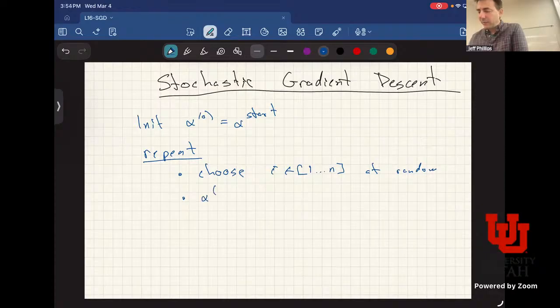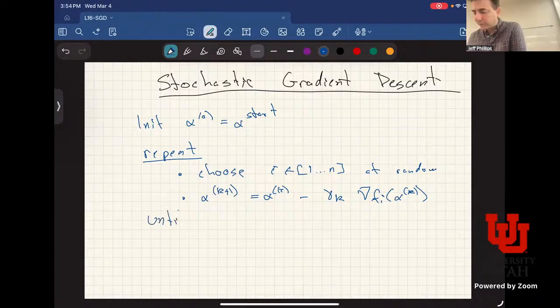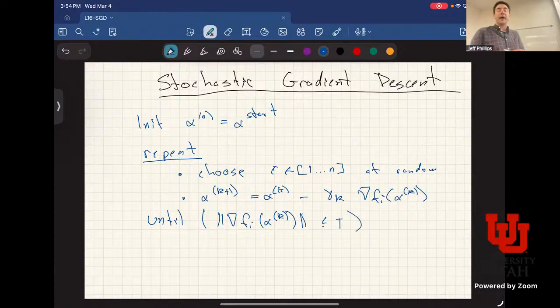Okay, and then I will do the same thing: alpha minus the learning rate times the gradient now at this random choice of data point. And again, I do this until the norm of the gradient of f_i is less than some threshold, then I can probably stop.